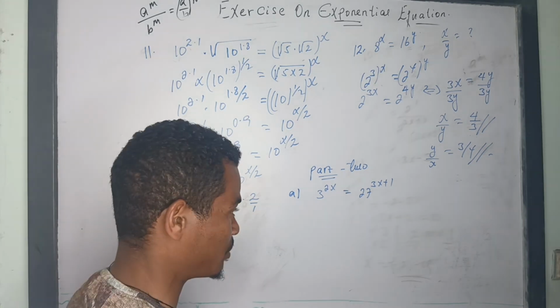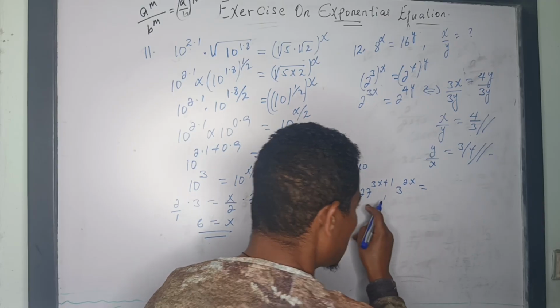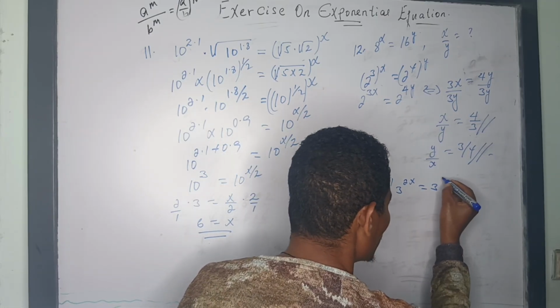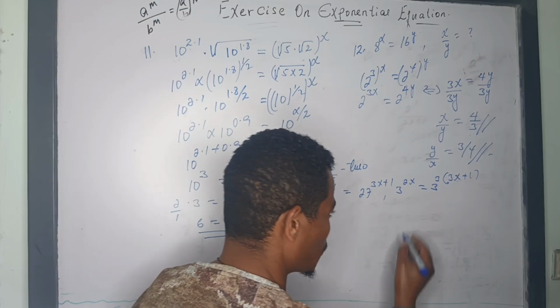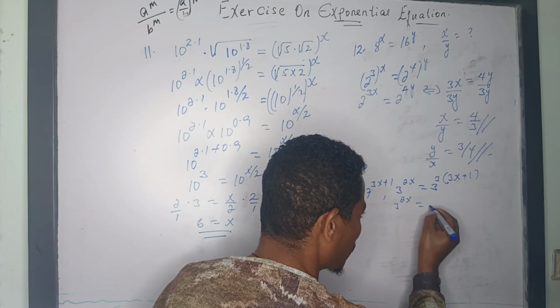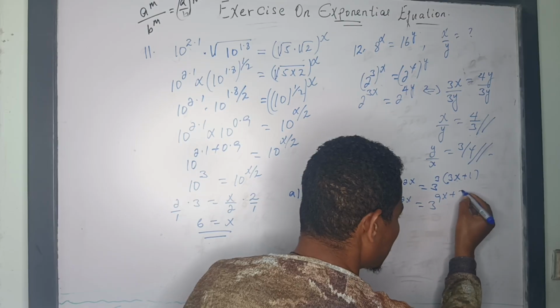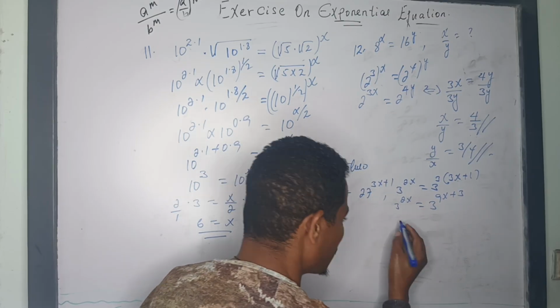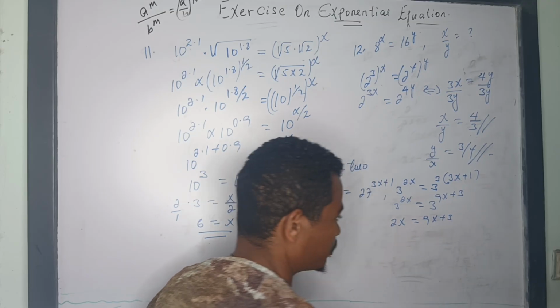We need to make the bases the same. That is, 3 to the power of 2x is equal to 27, which is the same as 3 to the power of 3 into 3x plus 1. So 3 to the power of 2x is equal to 3 to the power of 3 times 3 is 9x plus 3. 3 is equal to 3, that means 2x is equal to 9x plus 3.